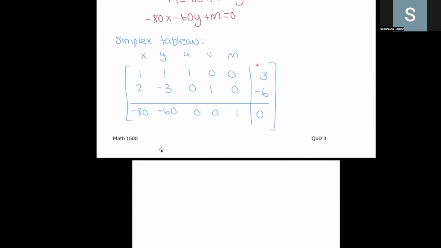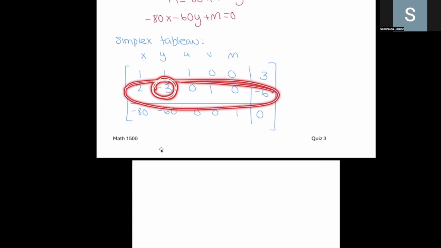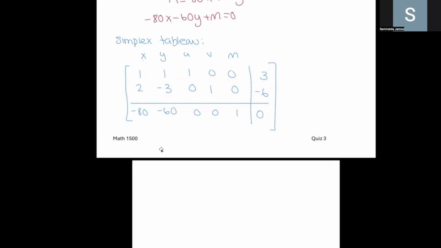I want to check these two specifically. Do I have any negatives? Yes, I do. Here is a -6. So I want to take this -6 and get rid of it. Now, how do I do that? I will look in the row that the -6 comes in and look for a negative number in that row. There's my negative number. That is going to be my pivot element.